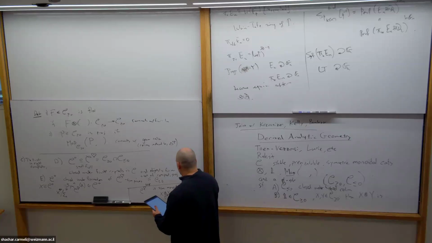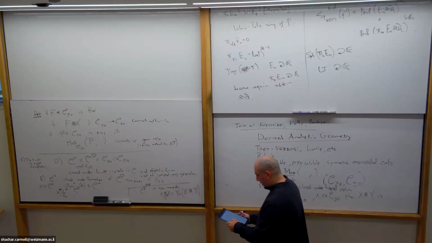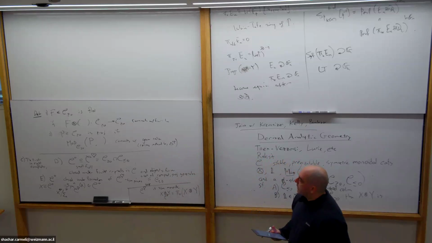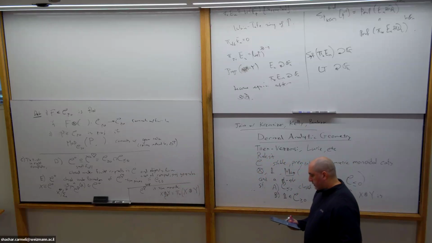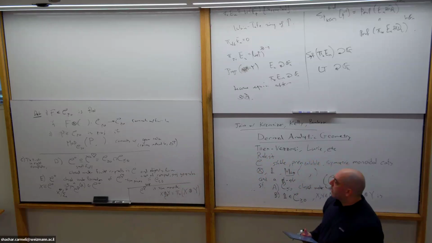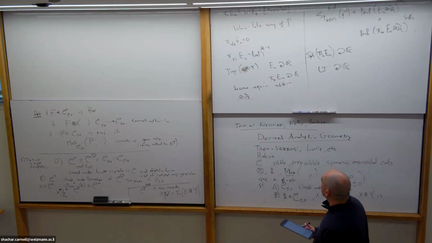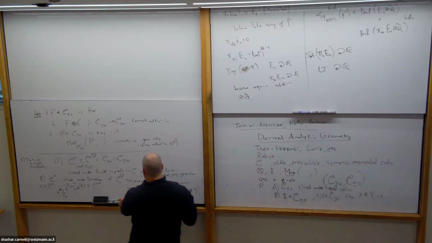So you get a symmetric one. And all of this data is actually determined by C₀. You can show that if you have C₀ satisfying certain properties, let me go to the next one.